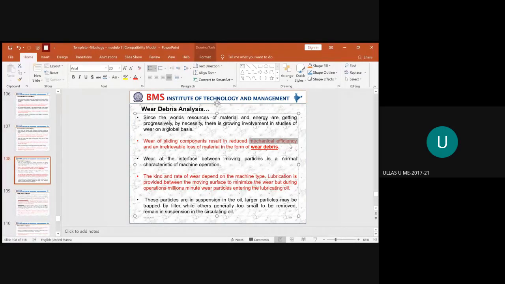When you see that the efficiency you're getting is not good enough, it is due to the amount of wear or friction coming into the picture. So this loss is nothing but the loss of material which happens due to the wear.